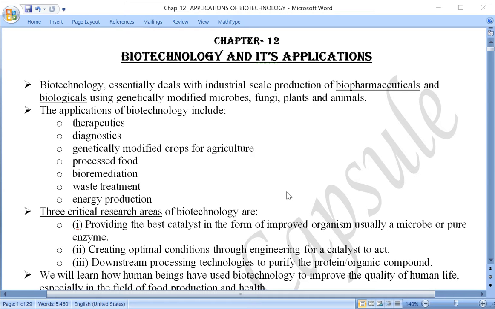As we have discussed and learnt biotechnology principles and processes in the previous chapter, that was chapter number 11.